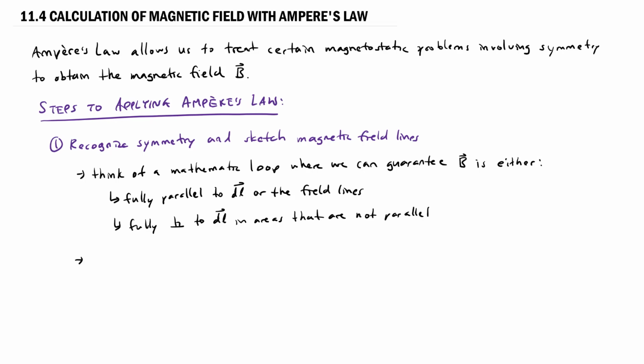So what this means is if we can confirm that your magnetic field B is either fully parallel or fully perpendicular, it means that we've accounted for 100% of the magnetic field, and therefore B is a constant that we can factor out.